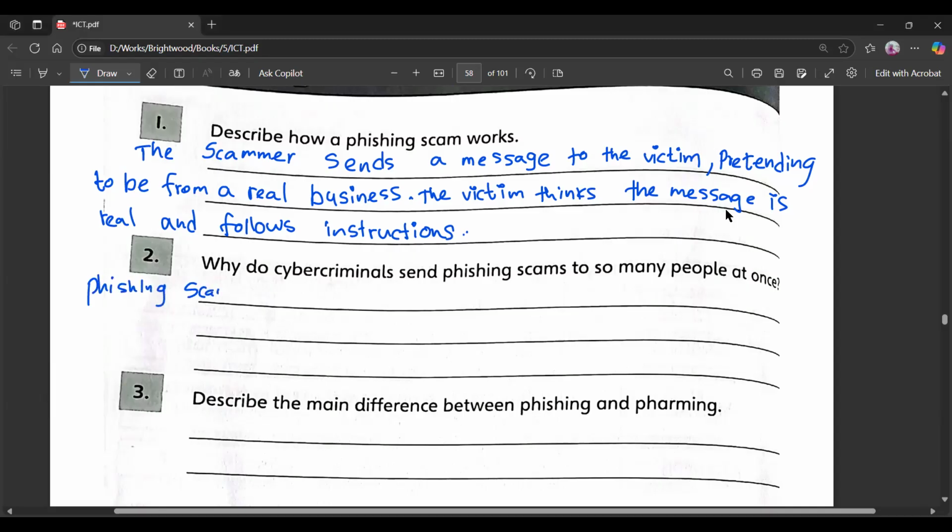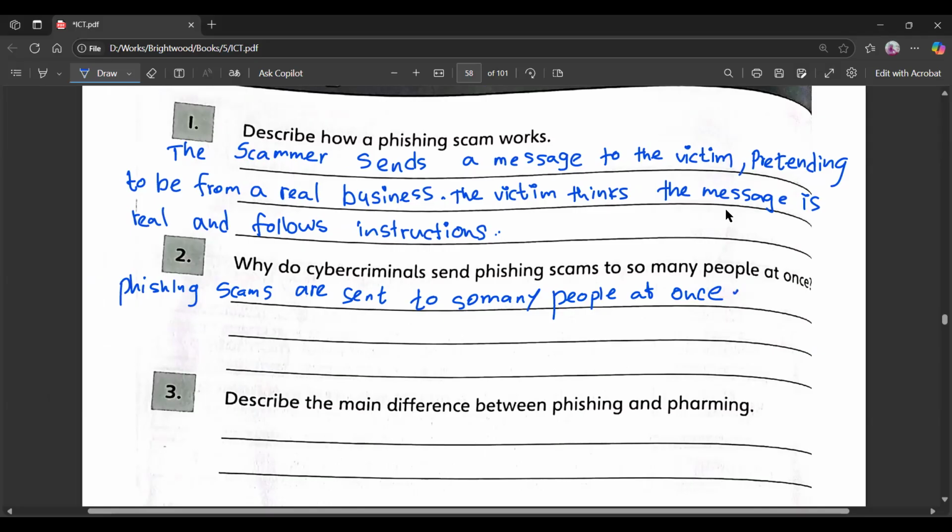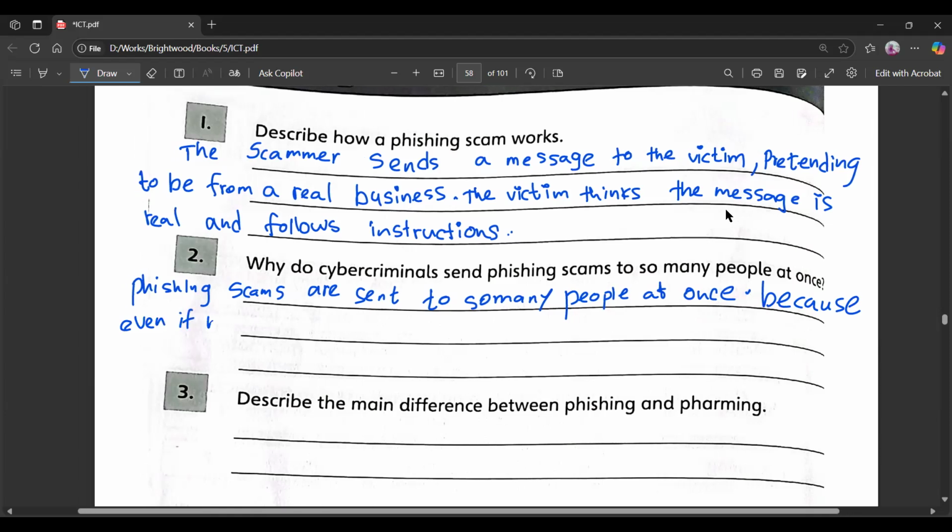One time they are sent to so many people, because even if most people realize it is a scam, it can be realized by most people.